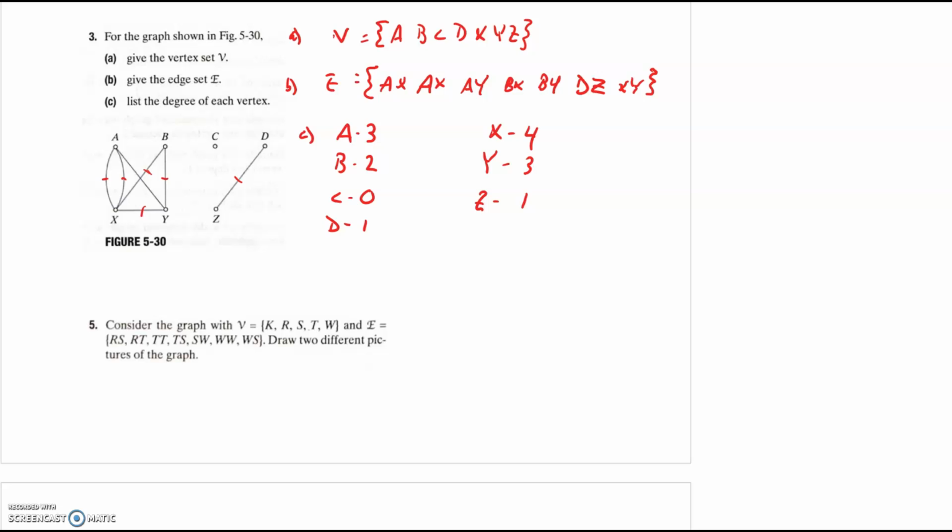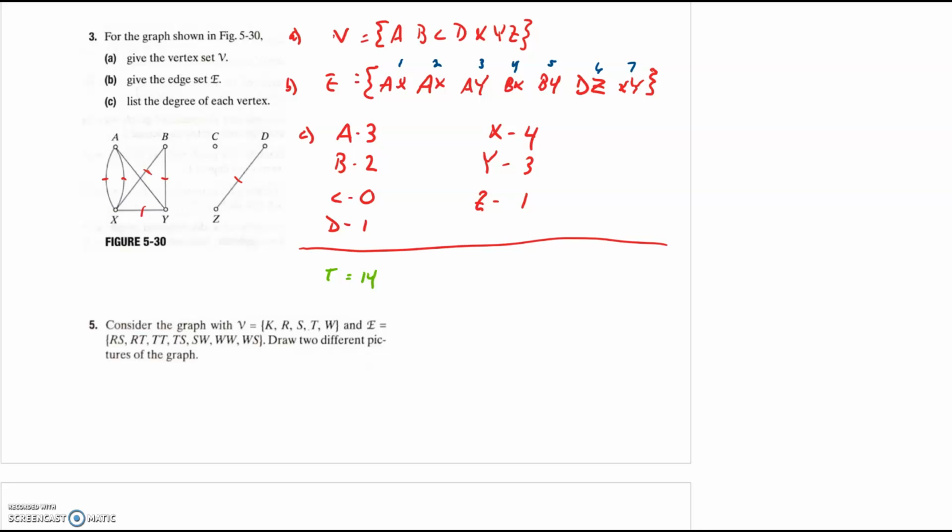Something I want to talk about here, I think this is as good a place as any, but if I look at the sum of the degrees in my graph, so 3 and 2 and 1 is 6, and 4 is 10, and 3 and 1 is a total degree of 14 in this entire graph. Now I would like you to look at how many edges we have. We have 1, 2, 3, 4, 5, 6, 7.